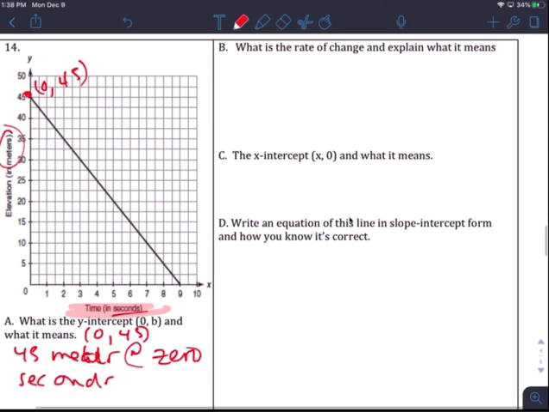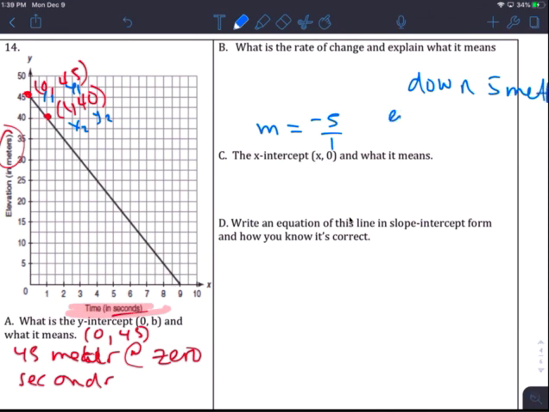The rate of change, most of you know how to do that. So we do x sub 1, y sub 1, x sub 2, y sub 2. And when you set this up, your rate of change, you'll get -5 over 1. That means down 5 meters every 1 second.